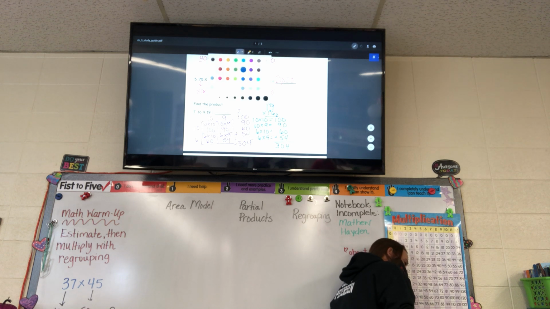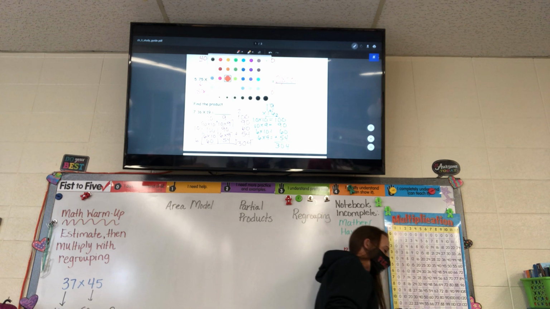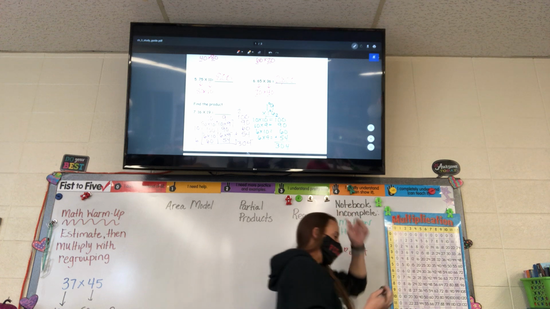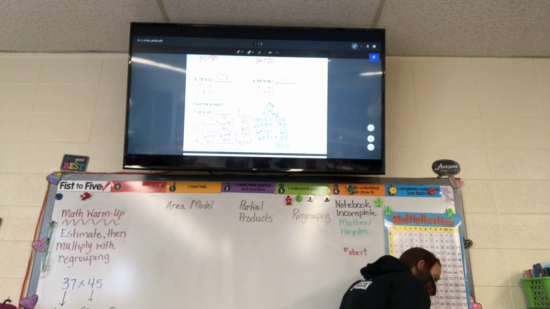If you prefer the regrouping method, you're going to write what I write in orange. 19 times 16. 6 times 9 is 54. Put down the 4, carry the 5. 6 times 1 is 6, plus 5 is 11.